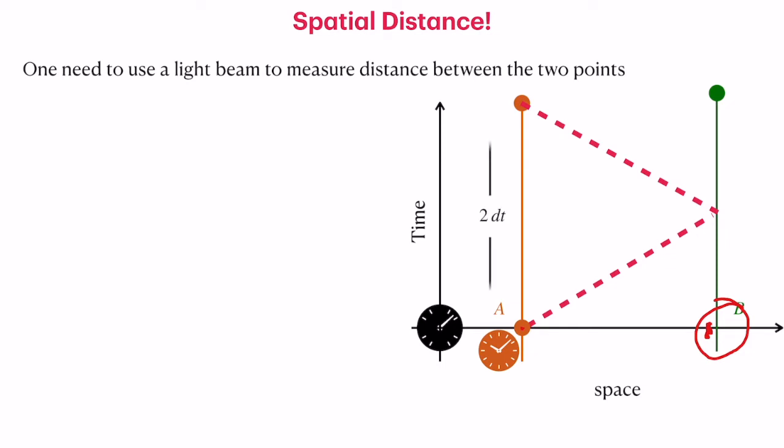A will note the time when he sends the laser beam and when it gets back, and calls the time interval 2dt. Then the spatial separation between A and B is simply given by c dt, which gives you the spatial distance between the 2 points. This is a self-consistent way of measuring all the distances. You do not have to involve B in any way.